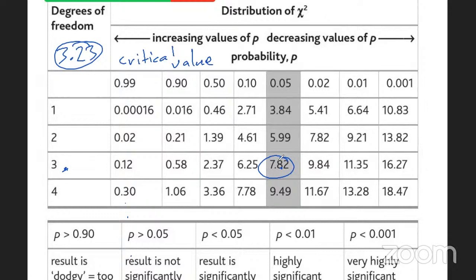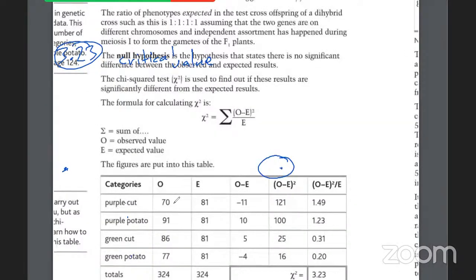So remember, you did your experiment, right? What you're trying to figure out is this difference: you expect to get 81 purple cut plants, and you got 70. Was it due to chance, or was there something interfering with the process?